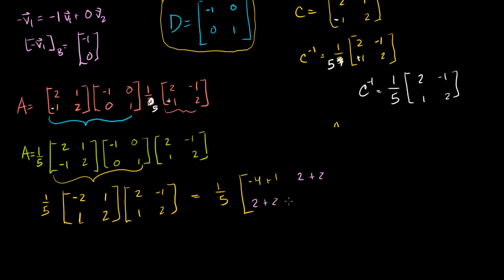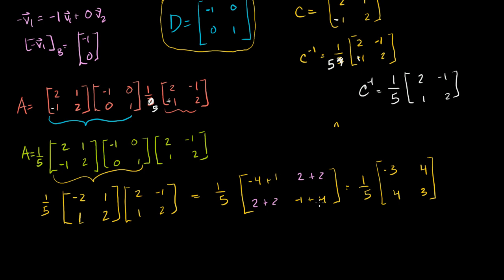And then you have 1 times minus 1, which is minus 1, plus 2 times 2, so this is 4. So this is going to be equal to 1/5 times, we have a minus 3, a 4, and a minus 3. Sorry, a plus 3. All right?